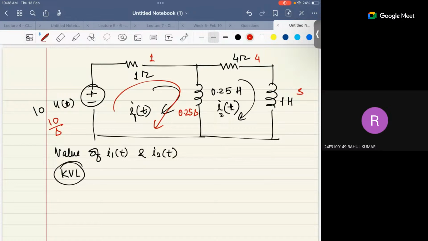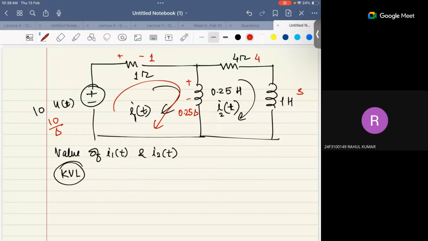Okay, 10 upon S minus I of S into 1. 1 is there, so minus I of S. Or maybe take it like this.